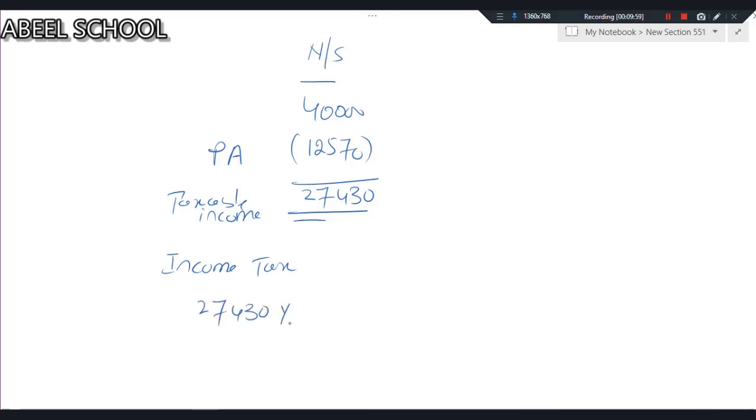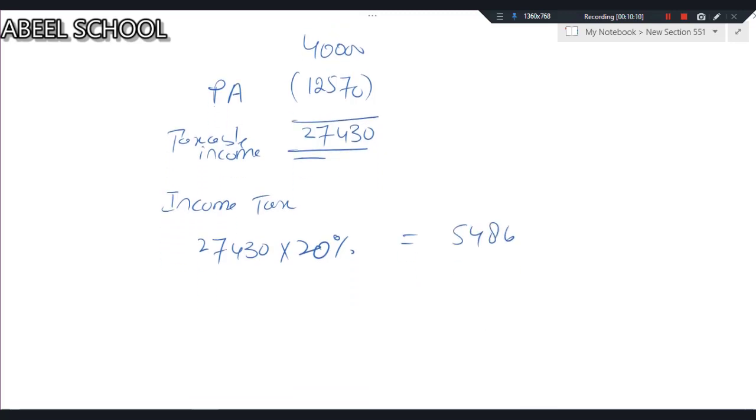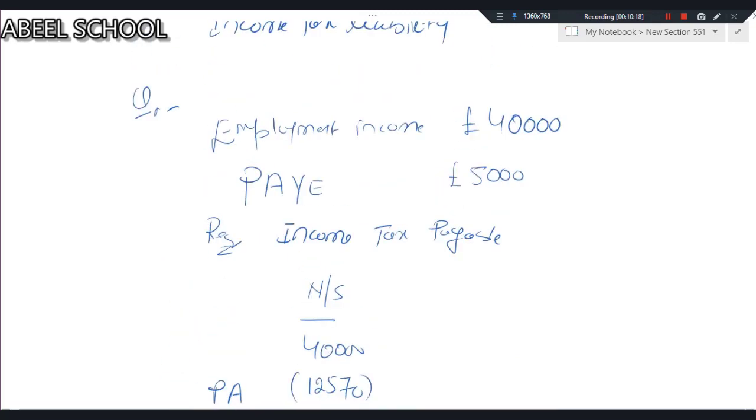So let's simply calculate income tax. 27,430 obviously falls in basic rate band, into 20%. So 27,430 into 20% gives me 5,486. Okay. So logically, 5,486 is your income tax liability, but already this individual has paid tax of 5,000.